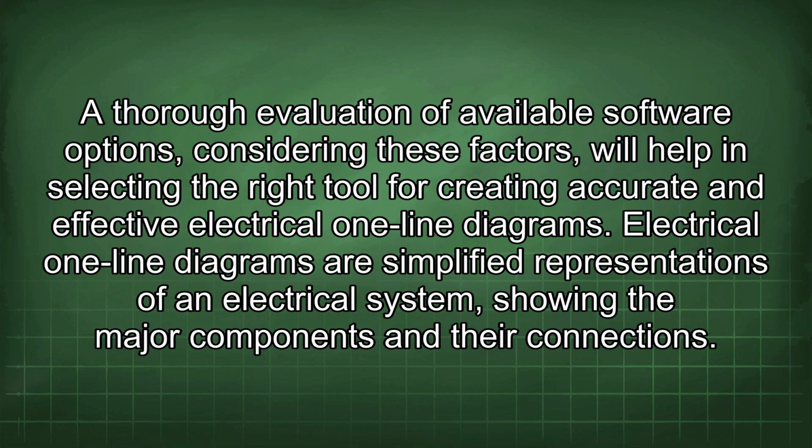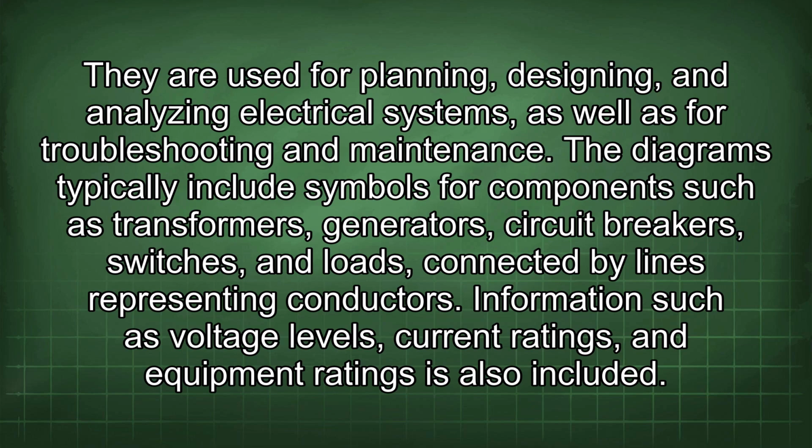Electrical one-line diagrams are simplified representations of an electrical system, showing the major components and their connections. They are used for planning, designing, and analyzing electrical systems, as well as for troubleshooting and maintenance. The diagrams typically include symbols for components such as transformers, generators, circuit breakers, switches, and loads connected by lines representing conductors.